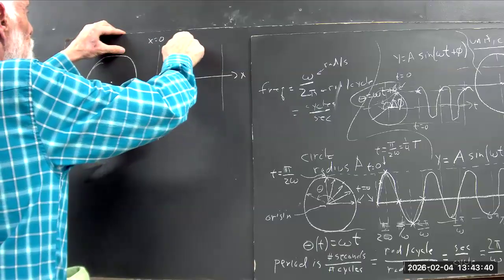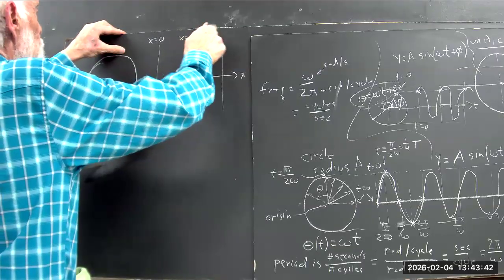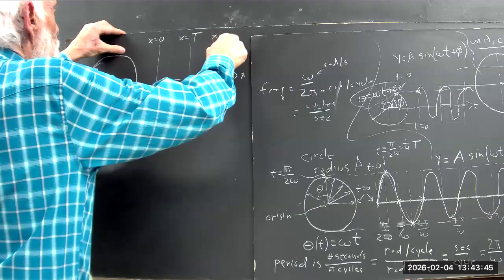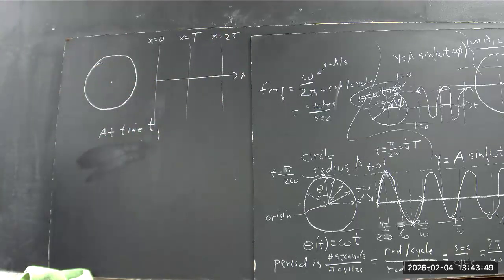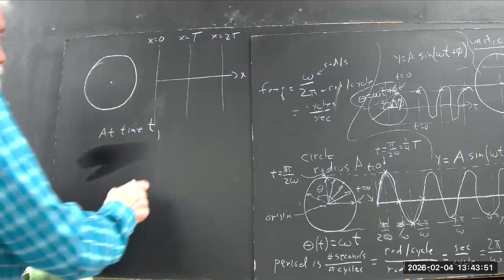Here's x equals 0. Here's x equals capital T. Here's x equals 2 times capital T. Okay.